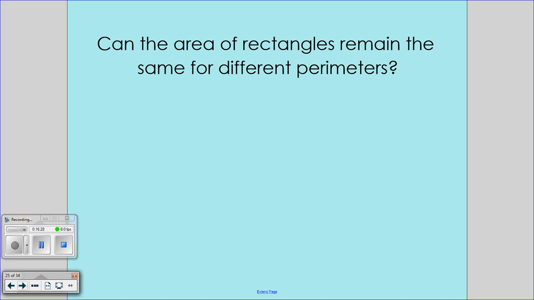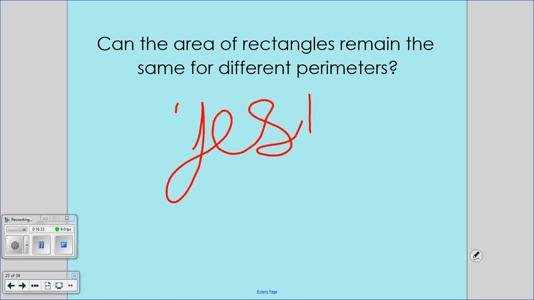Yes. Two rectangles that have the same area do not have to have the same perimeter.